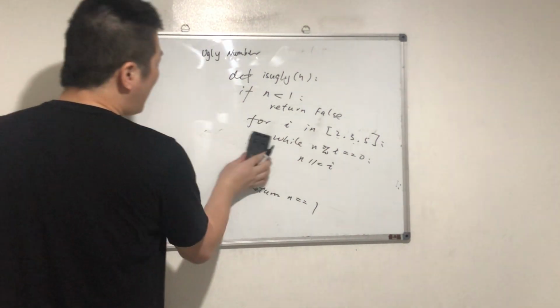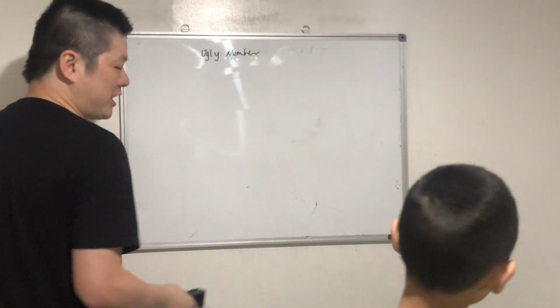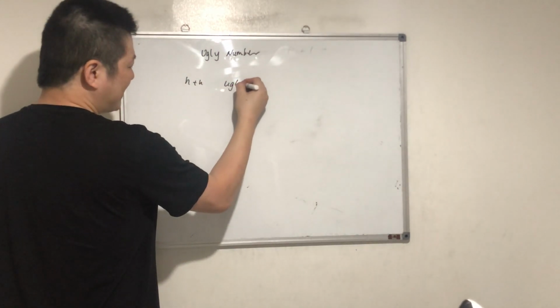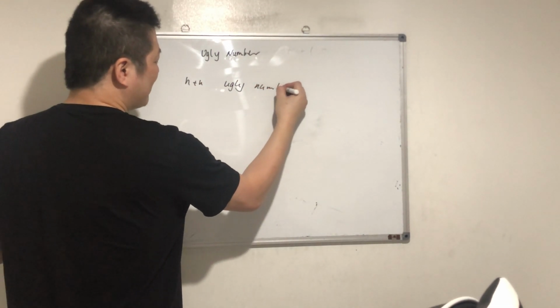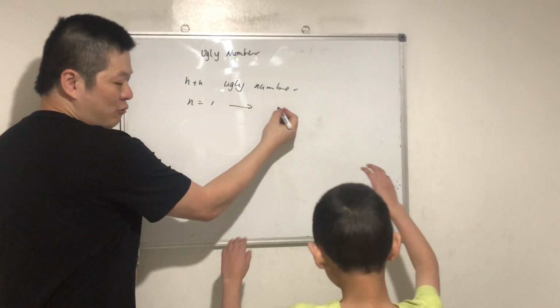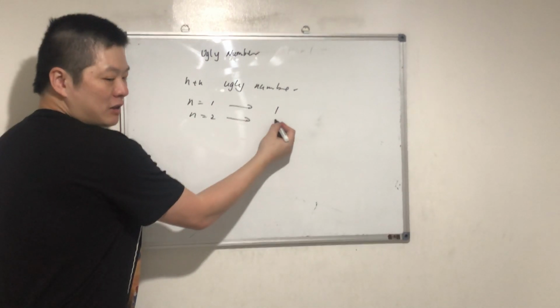So how about if I give you a function and I want you to generate the nth ugly number? This is today's topic. If n equals 1, you should give me 1, the first ugly number. N equals 2, give me 2.